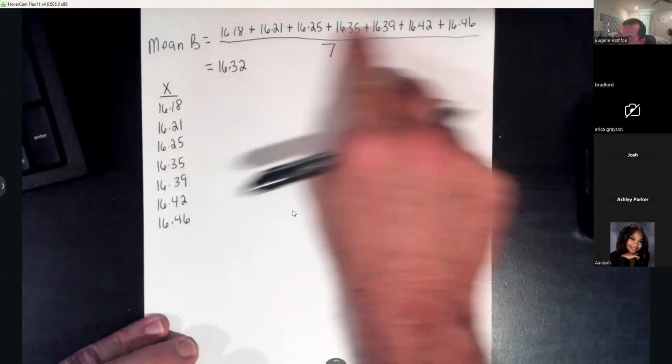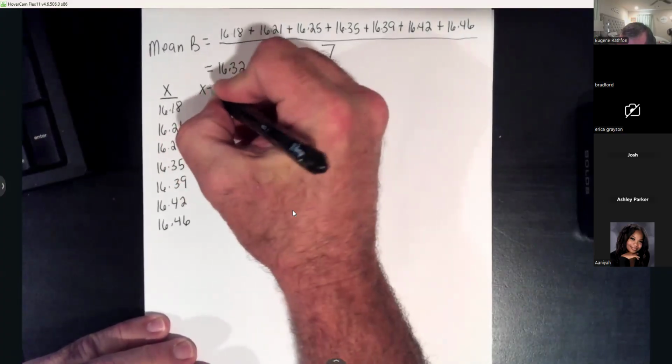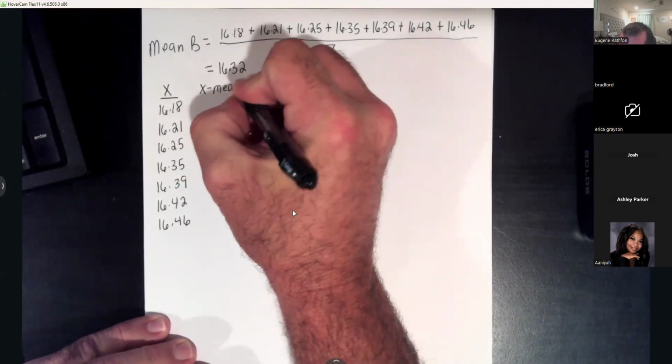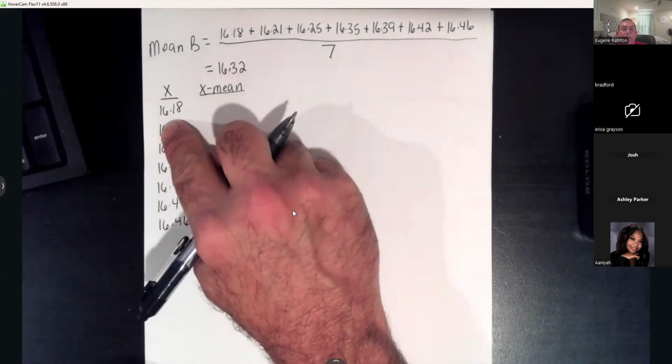All right, so there's all my data points. Now, I'm going to take each of the data points and we're going to subtract our mean from each one of these, okay?